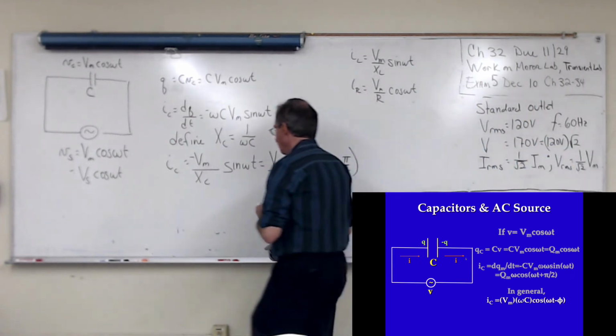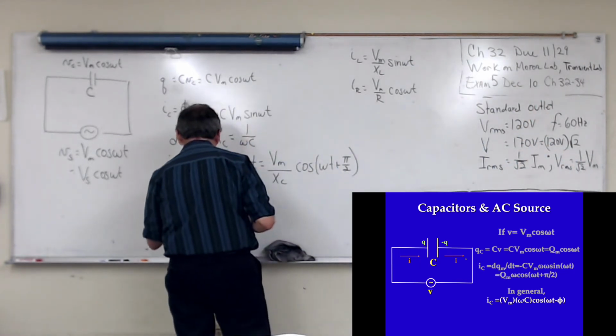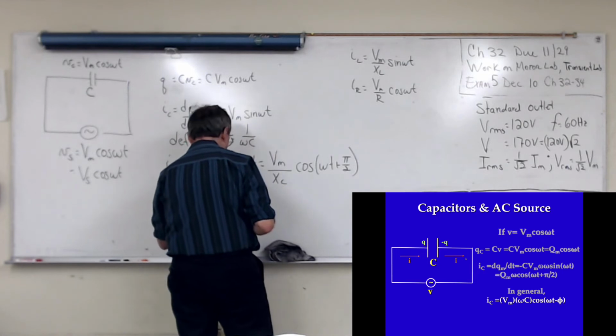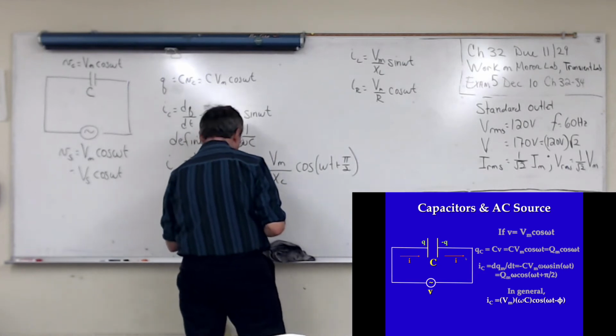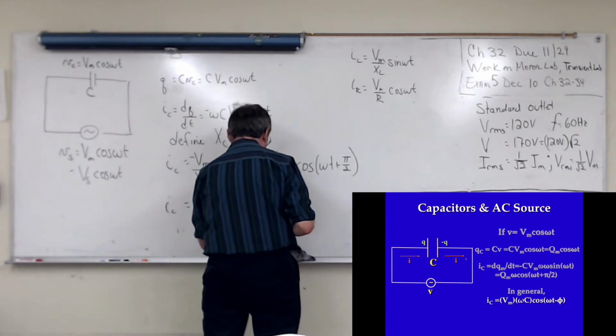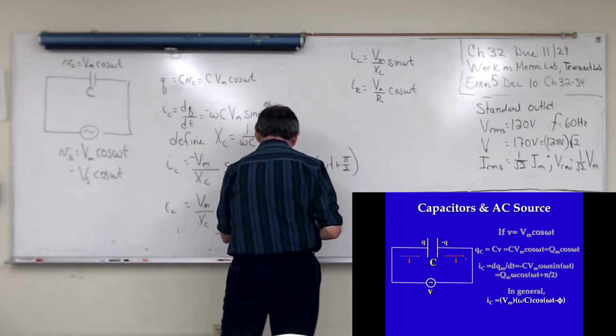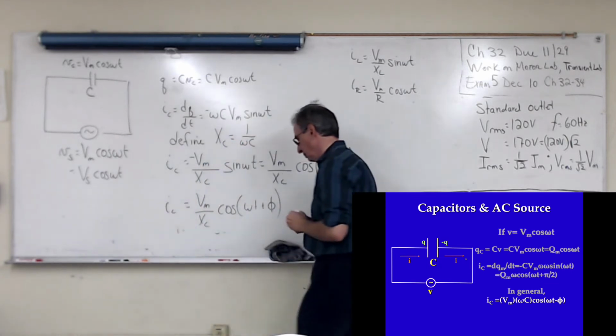And so in general, we can say I sub c is V sub m over X sub c cosine of omega t plus phi.